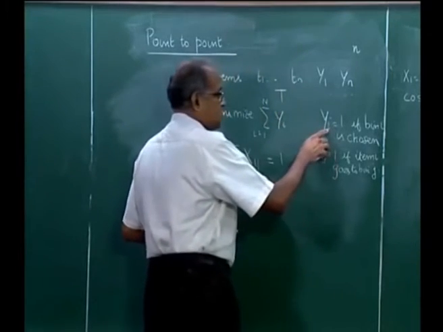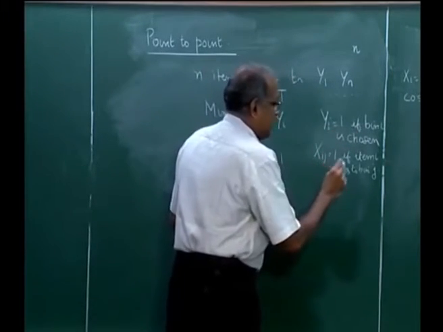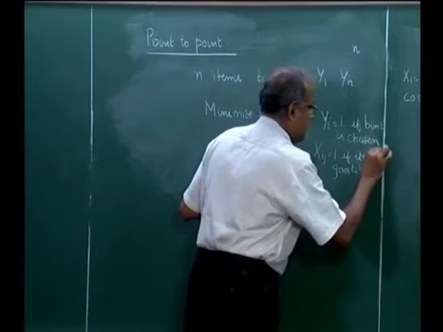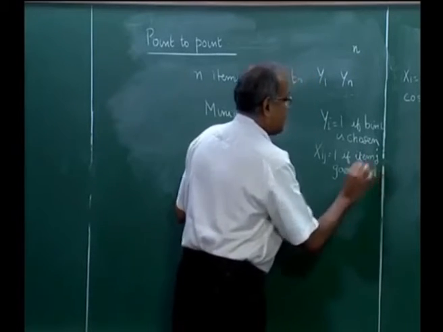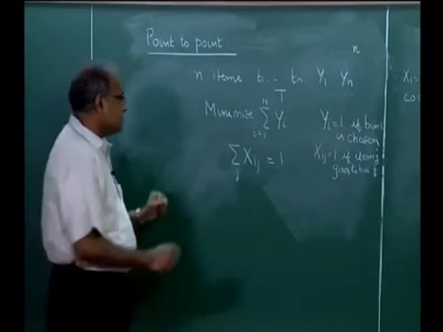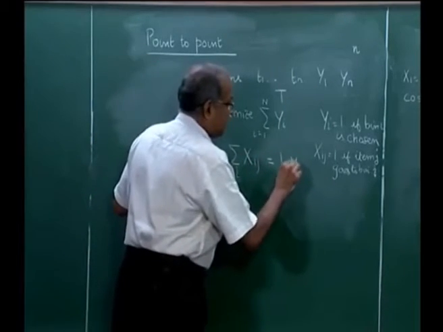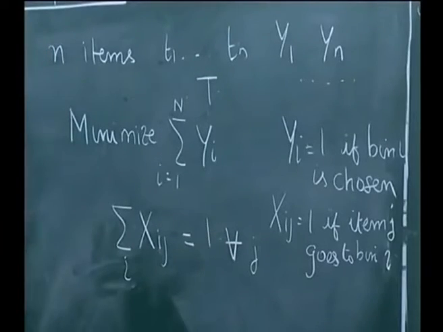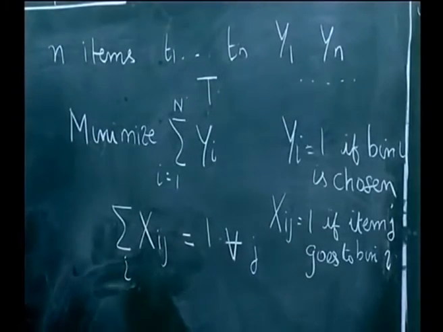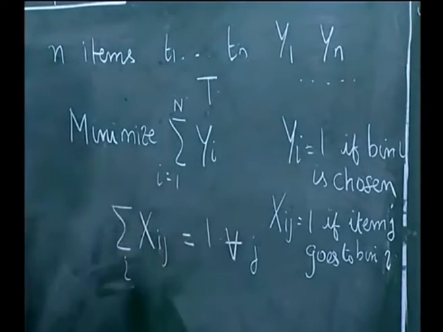I have used subscript i for the bin, so I will use subscript j for the item. So, item j goes to bin i. Summed over all the bins, sigma xij equal to 1 for every item j. So, every item j will go to exactly one bin, which is given by this constraint.